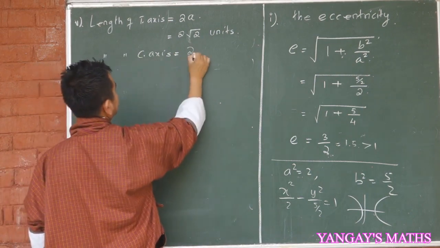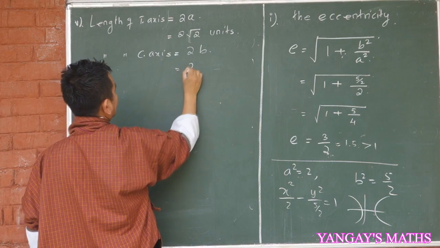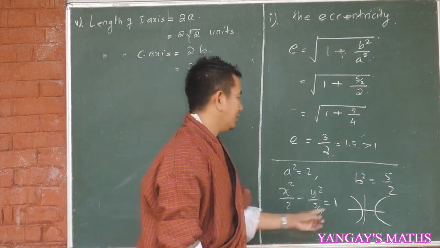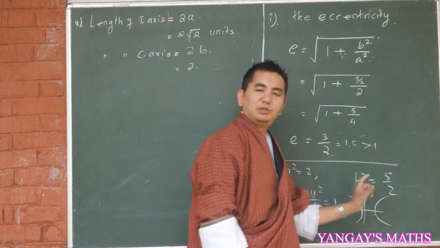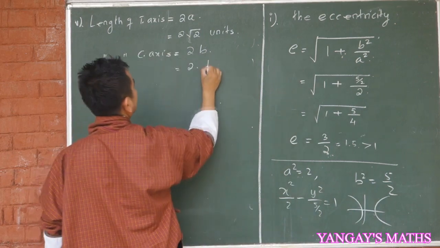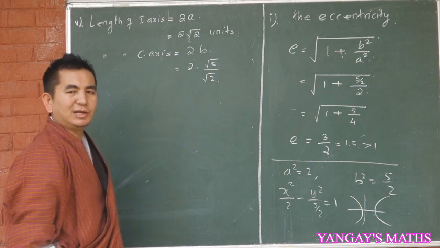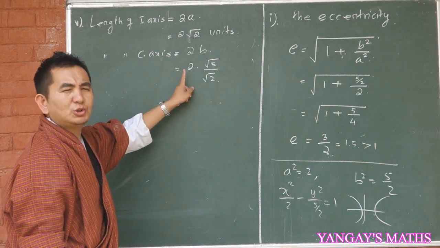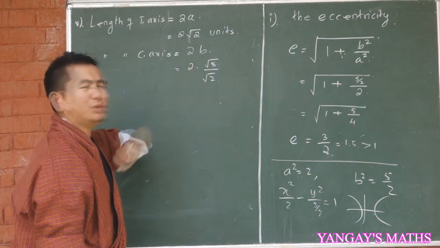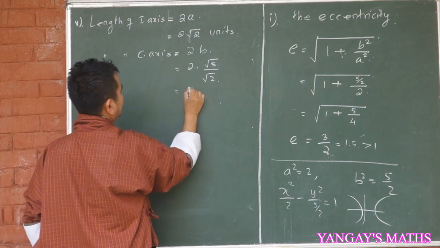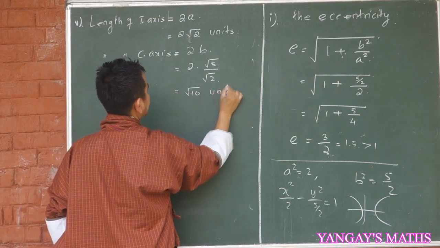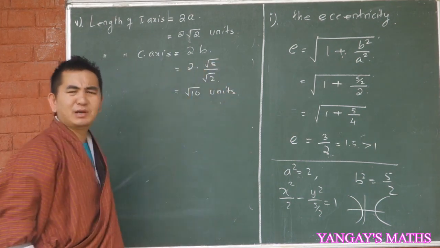The conjugate axis is 2b, which is 2 times the b value. B square is 5 by 2, so the b value is root 5 by root 2. Right? This 2 is root 2 times root 2, so one of the root 2 will get cancelled, which is equal to root 10 units. 2 times 5 becomes 10.